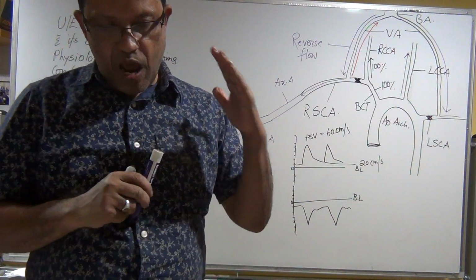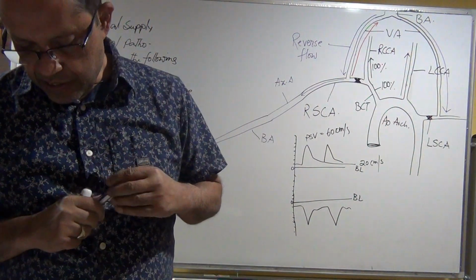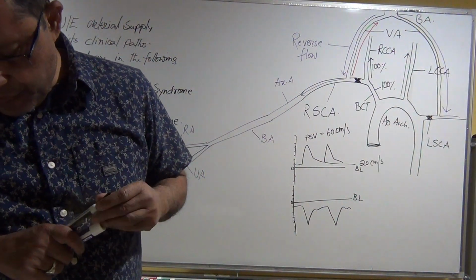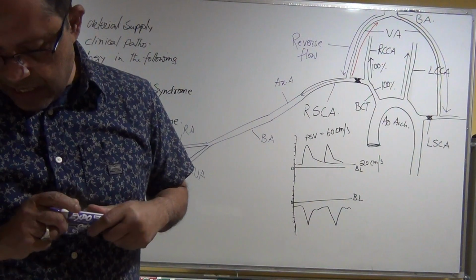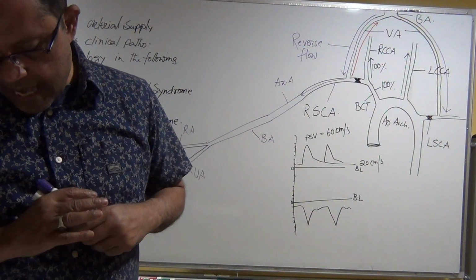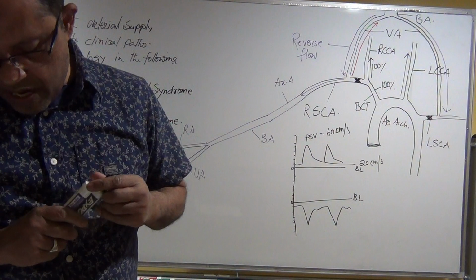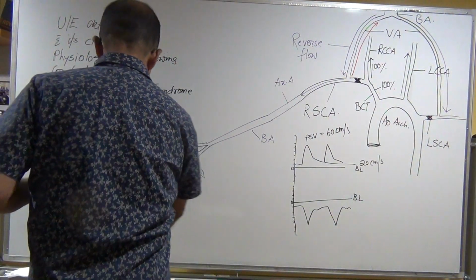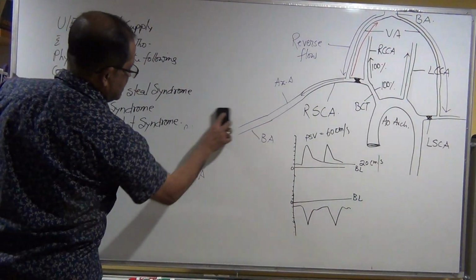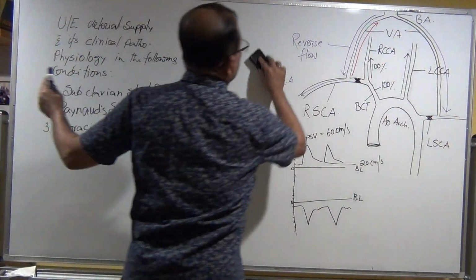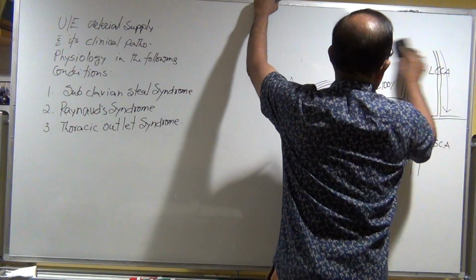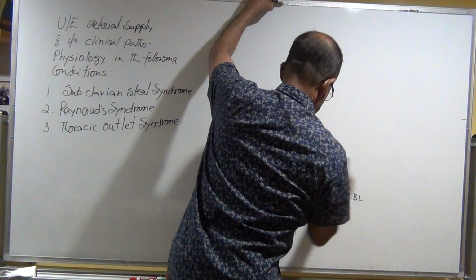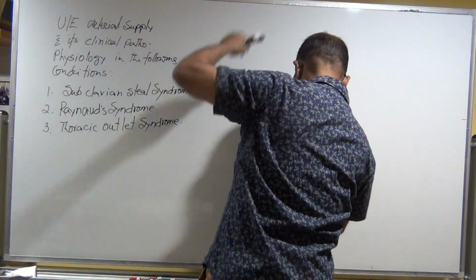One is primary, another is secondary. So Raynaud's syndrome is classified into primary and secondary. The primary is known as Raynaud's disease. Okay, so now if I give you the classifications, it will be a little easier for you.